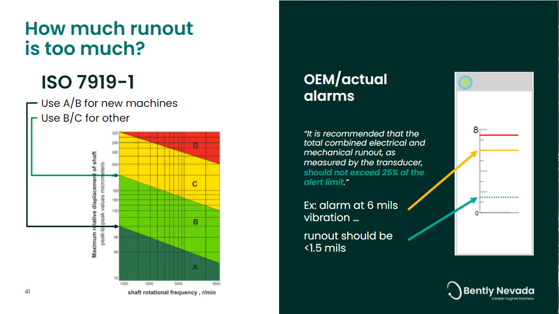Ideally, we want it to be as close to 0 as possible, and you should always check with the interested parties to see what their preferences are or what the tolerances are for runout. But in the absence of those fixed values, these are some guidelines that you can use for assessing how good your runout is.